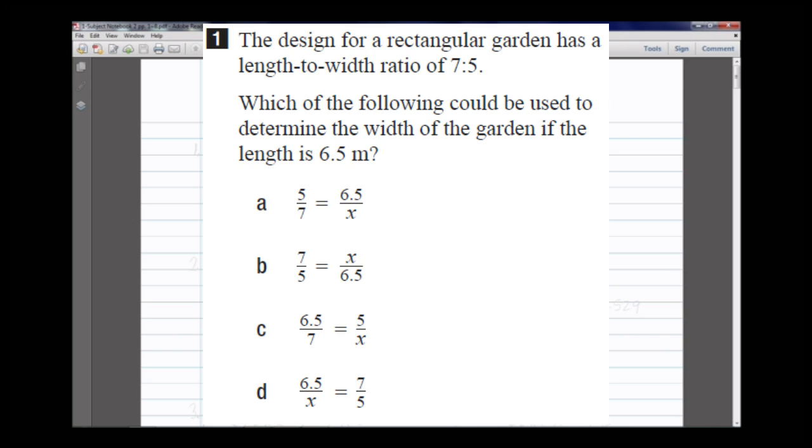So starting off with number 1, the question says the design for a rectangular garden has a length to width ratio of 7:5. Which of the following could be used to determine the width of the garden if the length is 6.5 meters?